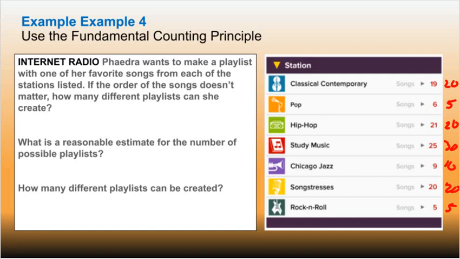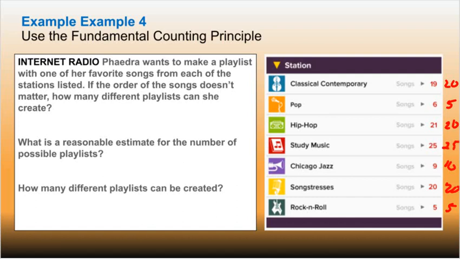So if you did 20 times 5 times 20 times 30 times 10 times 20 times 5, we would get roughly 60 million. Let me try that once again. And actually, we're going to keep this at 25.